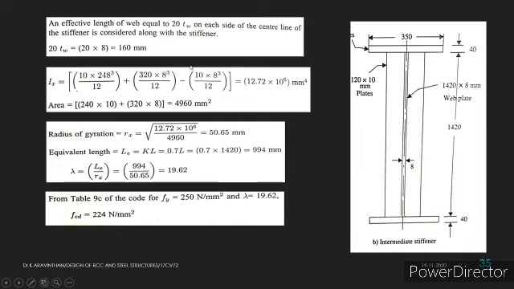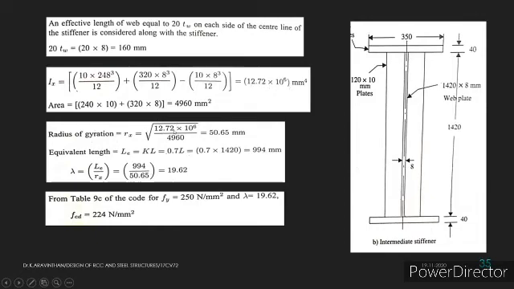In addition, we are having additional support of resistance, which is 320 into 8 cube divided by 12. So 320 is 160 plus 160, which is the effective length, and the thickness of the web is 8. So if you add this moment of inertia, you will be getting 12.72 into 10 power 6.